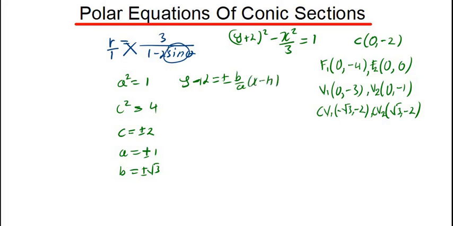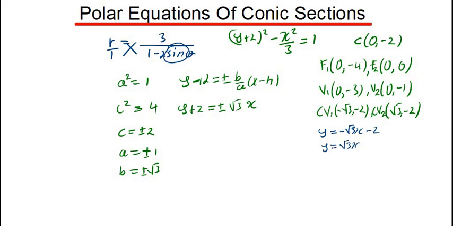So this is going to be y minus k, which is y minus -2, which is y plus 2, equals positive or negative b, which is root 3, divided by a, which is 1, times x, since h is 0. Meaning for our asymptotes, one of them is y equals -root 3 x minus 2.